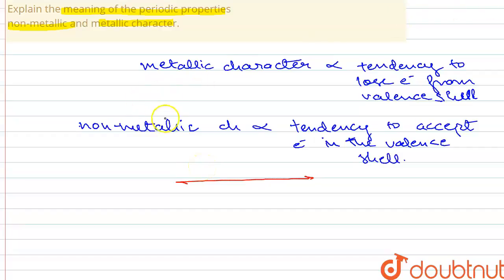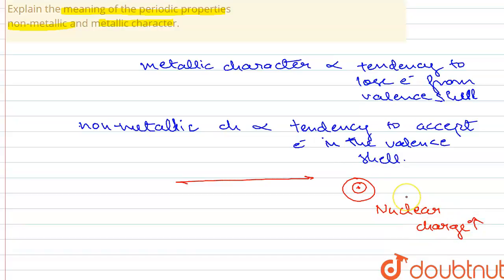How is that? As you move from left to right in the periodic table, the number of electrons in the outermost shell keeps on increasing and the number of shells remains the same. Since the number of shells is the same but the electrons are increasing one by one, the nuclear charge increases.